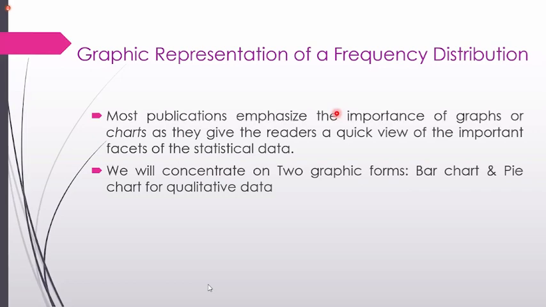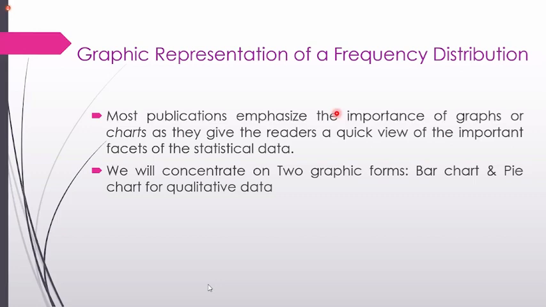When we have a small number of observations, either a table or a graph is okay. But when we have a massive number of observations, the graph provides a quick view rather than the tables. So when handling a massive number of data, it is better to give graphs along with the tables.